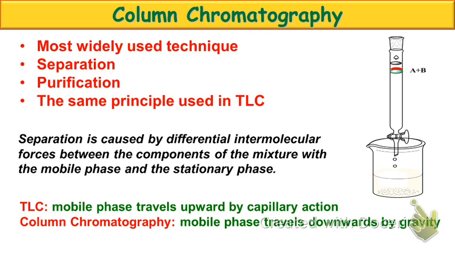What caused the compounds to move? Some mixture of liquids, bulk-wise known as a solvent. Okay, so our mobile phase was just some kind of solvent. Same thing's going to apply in column chromatography. We've got our stationary phase as our silica gel, and then we've got our solvent, which will act as our mobile phase and help with the separation.